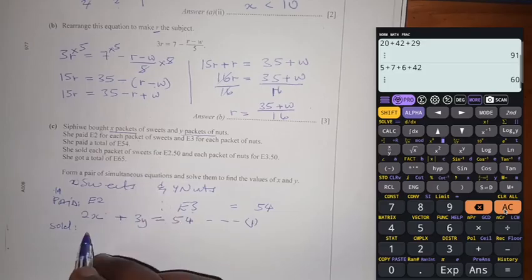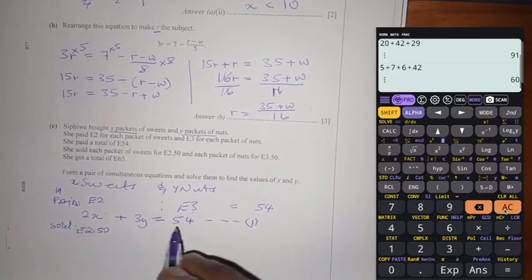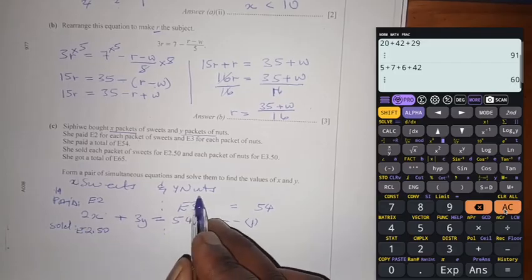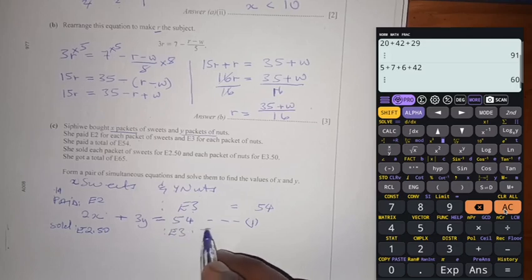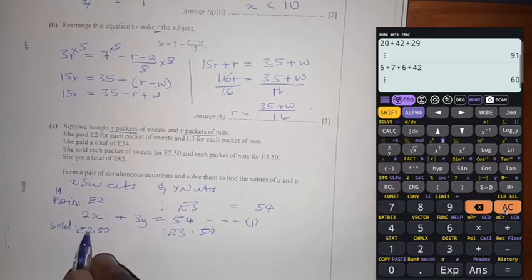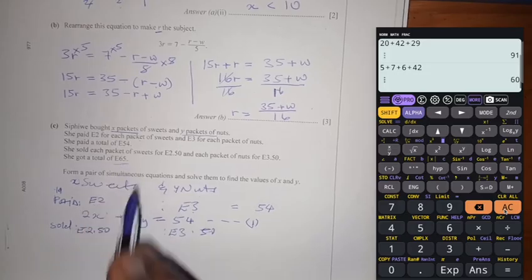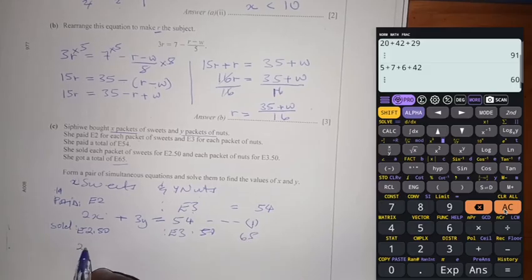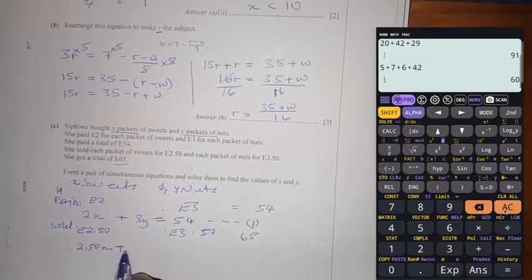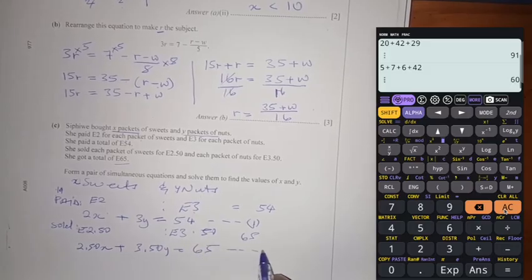Each packet of sweets for 2 emalangeni 50 cents, and then nuts she sold each for 3 emalangeni 50. Similarly, for this one, she got a total of 65. So forming an equation for this, we have 2.50x plus 3.50y equals 65. This is the second equation.